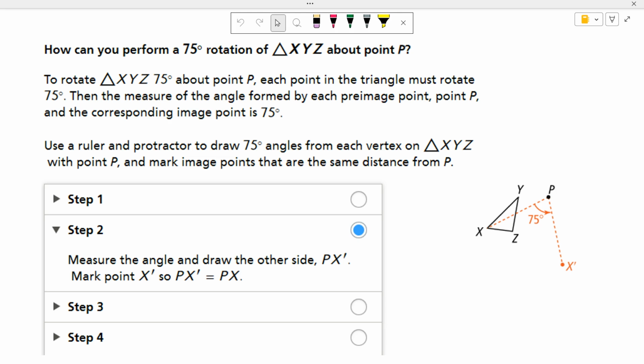So if I go 75 degrees, you make a 75-degree angle between where X was and where X will be, which then puts Y right here, which I flip like that. There's Y, and then I flip like that, and there's Z. Here's Y prime, Z prime, X prime.